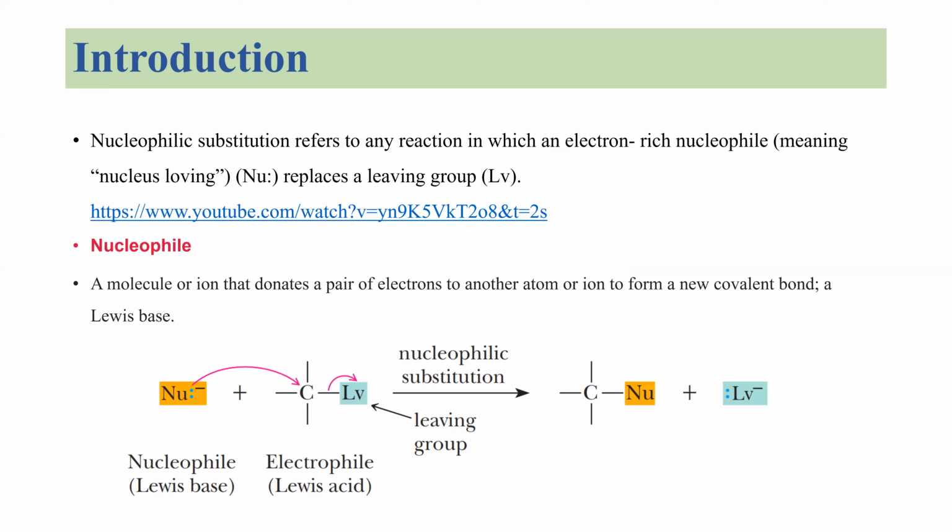You can further check the different kinds of reactions from my previous lecture on the types of reactions on my YouTube channel. So nucleophilic substitution refers to any reaction in which an electron rich nucleophile, meaning nucleus loving nucleophile, replaces a leaving group.